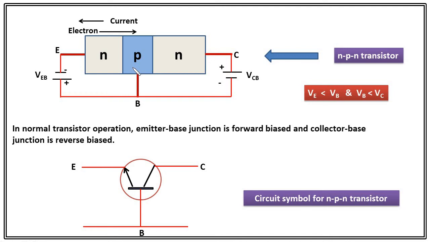So the direction of current will be from base towards emitter, that is, coming outward from the transistor, and that's exactly what this circuit symbol is showing. This is the direction of currents. Base current is going inward in the transistor, collector current is going inward in the transistor, and emitter current is coming out from the transistor.